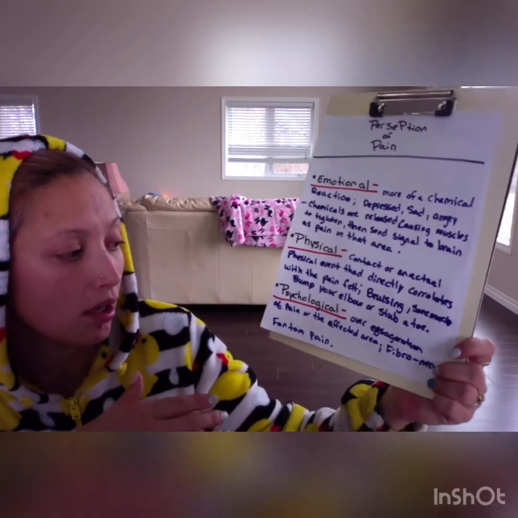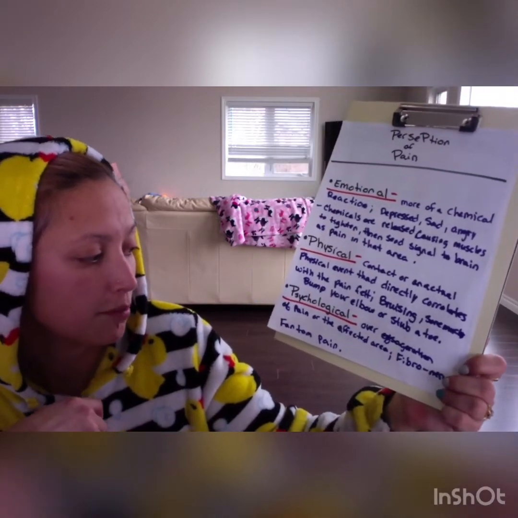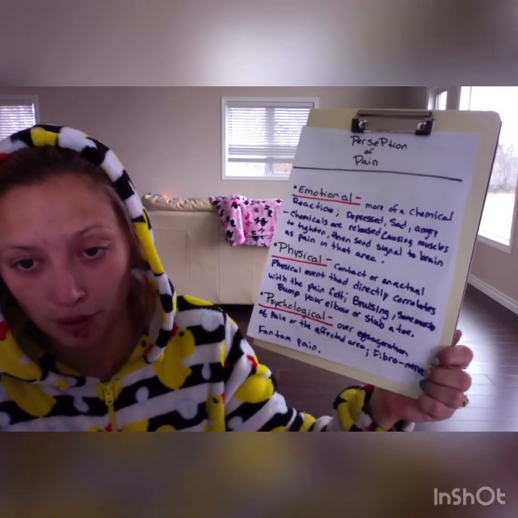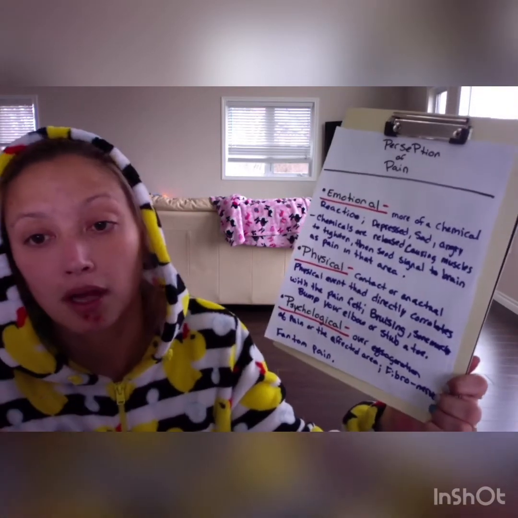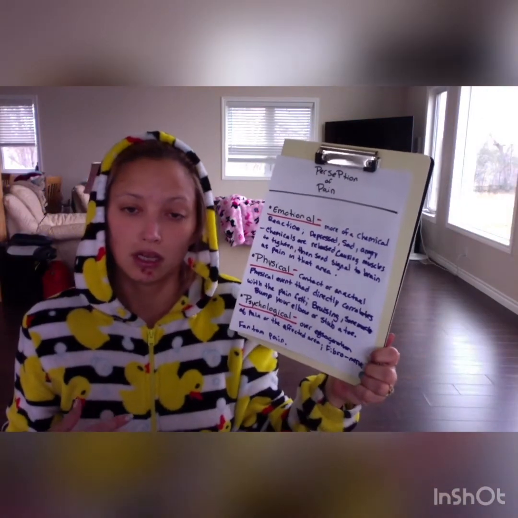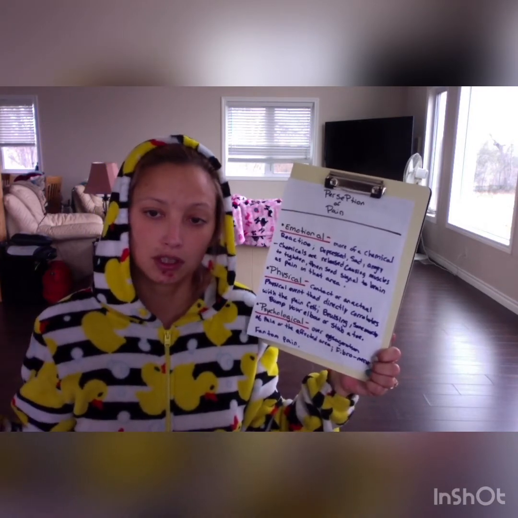Psychological pain is an over-exaggeration of pain or the affected area, i.e. fibromyalgia nerve pain. Another example is phantom pain. So usually that derives from, like, if I don't take my medication, somebody just says, hey, excuse me, and taps me on my shoulder.